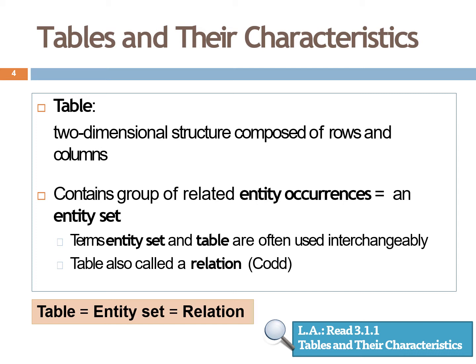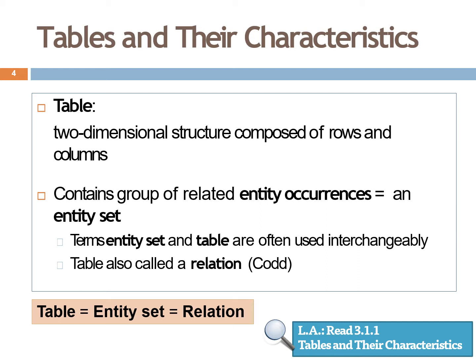For example, if you have a student table, so meaning that you have a student entity, and by looking at the table, you know how many students exist in your database by looking at how many rows that you have in the table, because each row represents a record, meaning that each row represents the occurrence of a student. Okay, so the student itself is the entity set in the database.